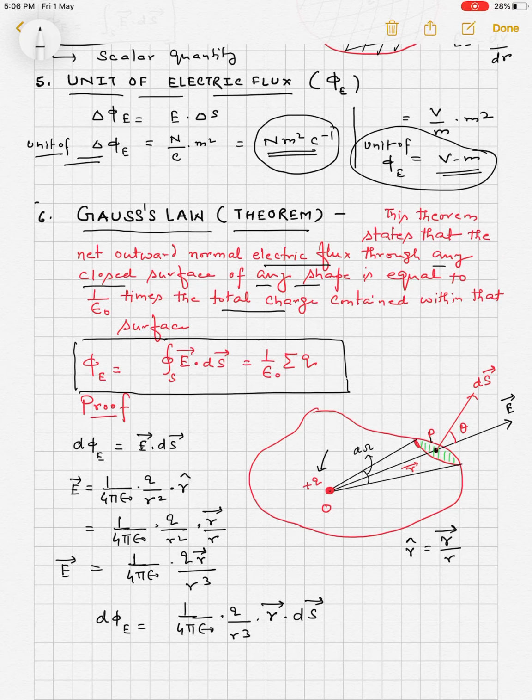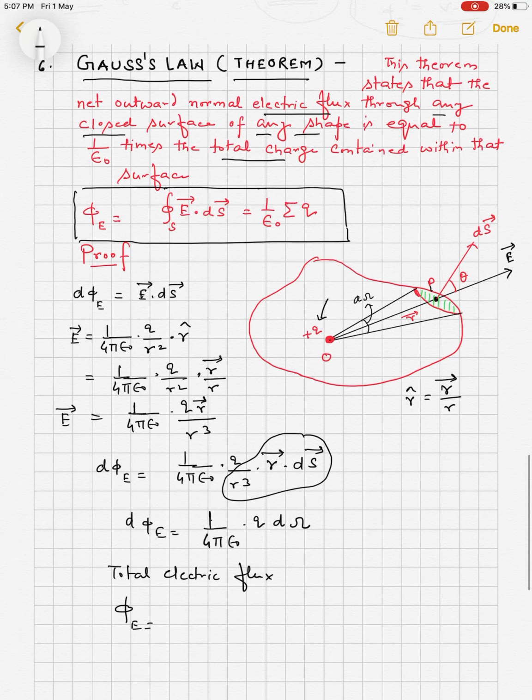Now the total electric flux through the whole of the closed surface, phi e, will be the integration over the entire surface of E dot ds, and E dot ds, that is d phi e, we have already taken here.